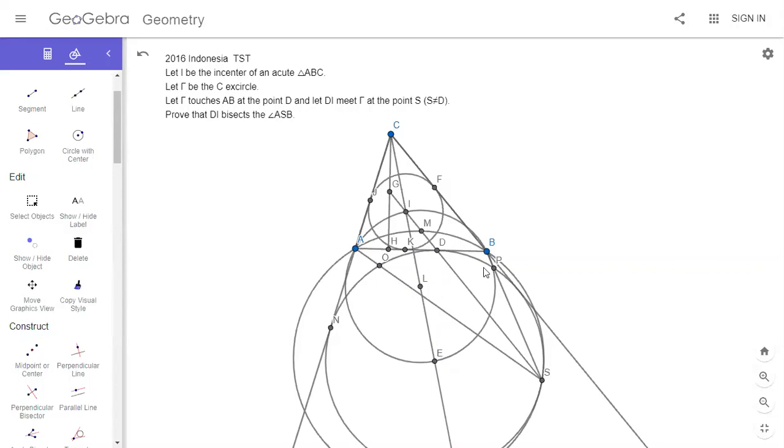So that means that OP is perpendicular to DE, where E is the X center. And if OP is perpendicular to DE, then D has to be the midpoint of arc OP by symmetry. Yes, you're right. It's a little tricky to see.